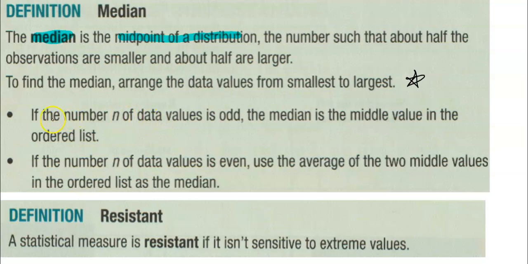If the number of data values is odd, the median is a value in the list. If the number of data values is even, our median will be a space between two numbers.